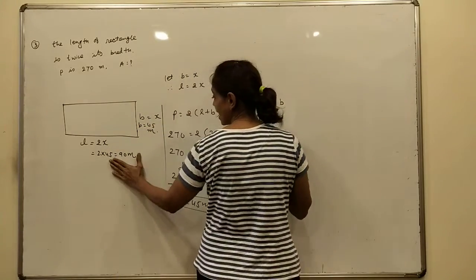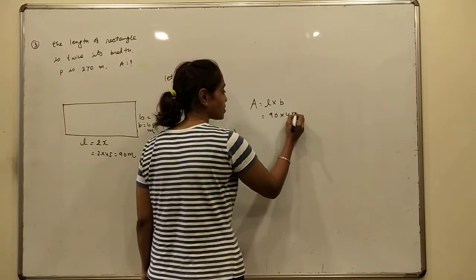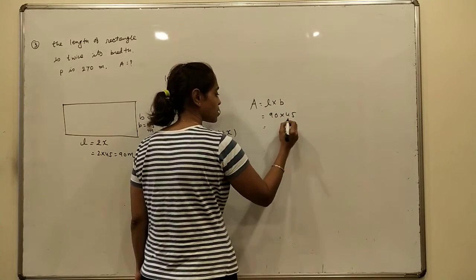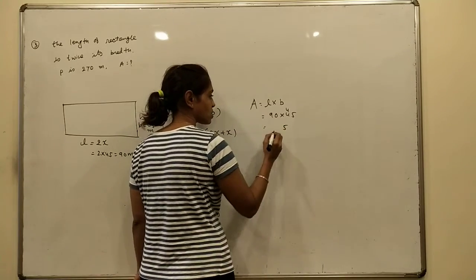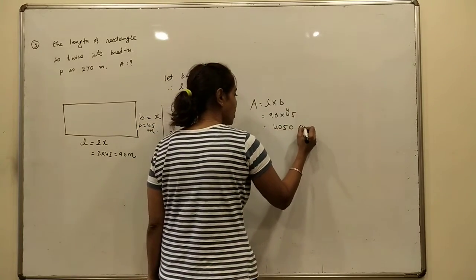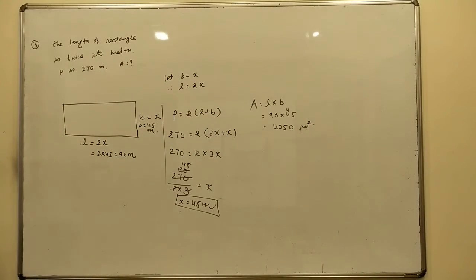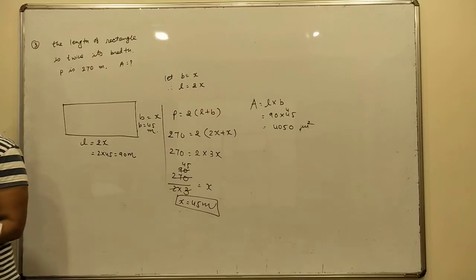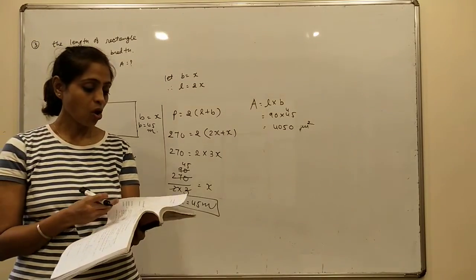Length is 90 and breadth is 45. 90 into 45 is 4050 meter square. 4050 meter square is the area of the rectangle.